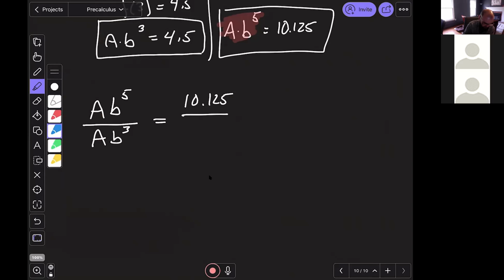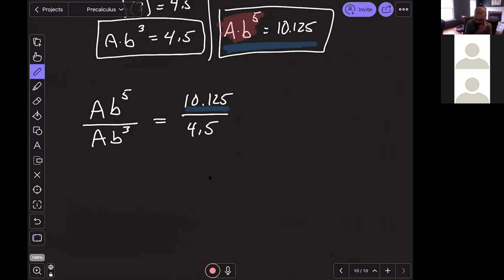That's how I get this part right here. And then A times B cubed has to be 4.5, so that's how I get the 4.5 down on the bottom.